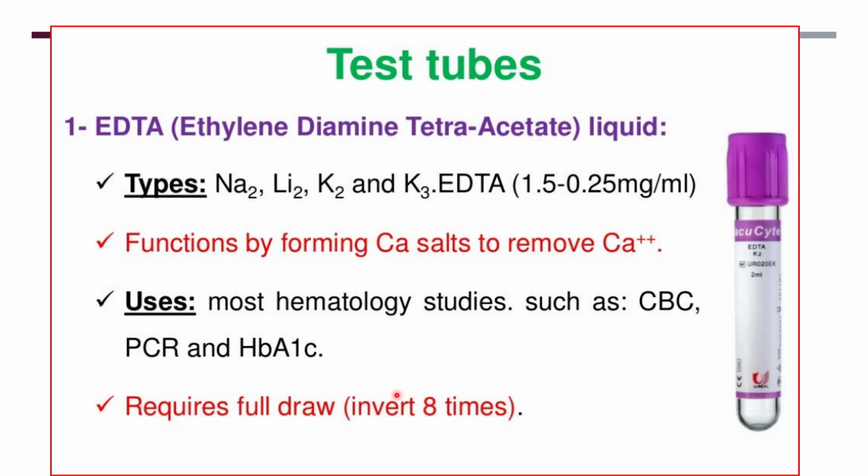This requires a full draw, meaning whenever I say a full draw, it doesn't mean you have to fill up to here. Whenever you use any vacutainer, there is an arrow or marking given here, and only till that mark you have to fill up.